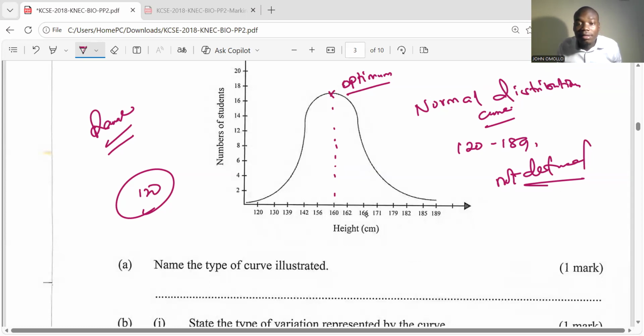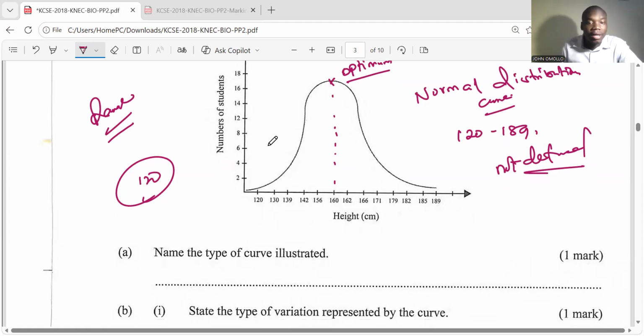Some are 166, some are 189, the others are 130. So when you come here, 16 learners have the height of 160. Just imagine, 16. Others, 6, they have around 142. So it is not constant. It is not defined. Are you getting that? Where we have a range, we know what that is.